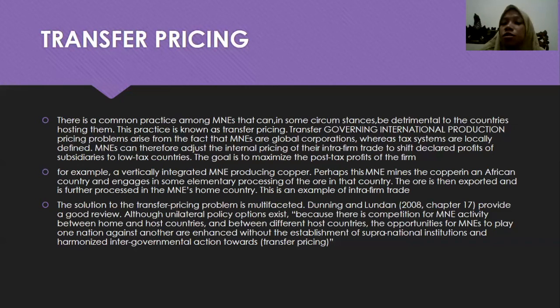Dunning and Lundan in 2008 provide a good review to analyze the policy options that exist, because there is competition for MNE activity between home and host countries and between different host countries, and the opportunities for MNEs to play one nation against another are enhanced without the establishment of supranational institutions and harmonized intergovernmental action toward transfer pricing. So that's all for me.